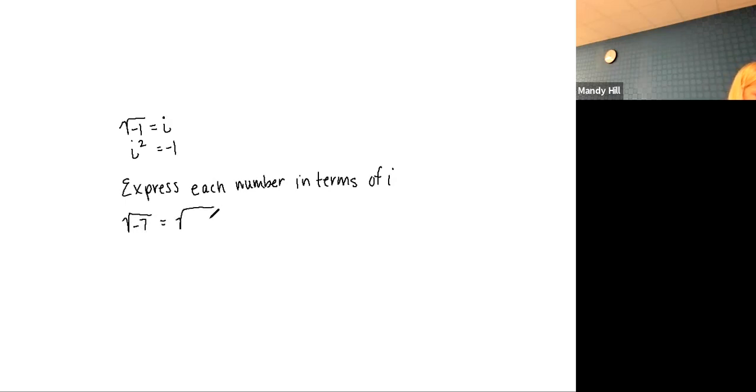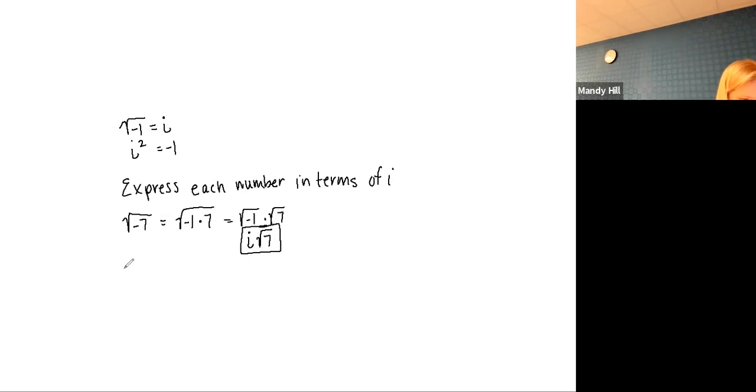But if I say -7 is really -1 times 7, I could break it into the square root of -1 times the square root of 7. The square root of -1 is just I. So that's I times the square root of 7, and that would be my final answer because 7 is prime and I can't pull anything else out of that.